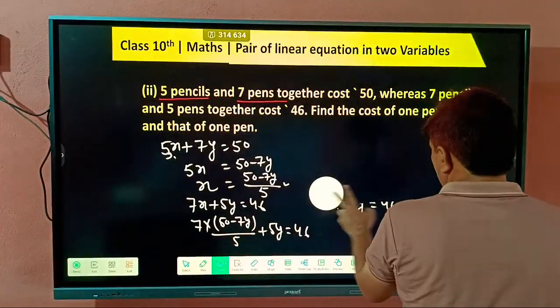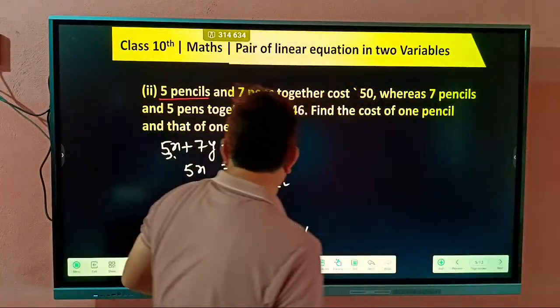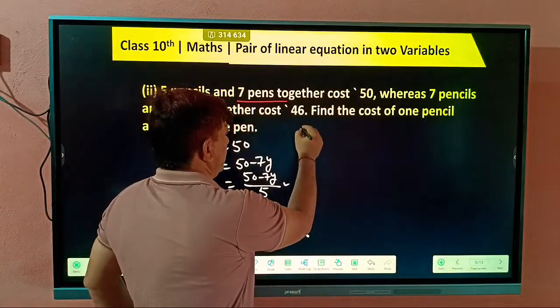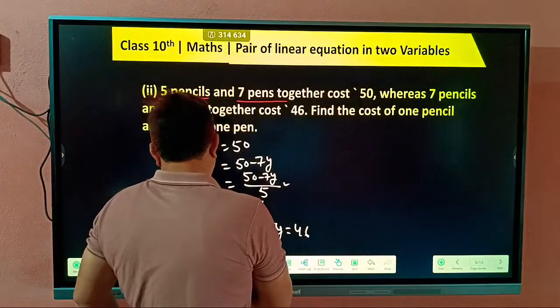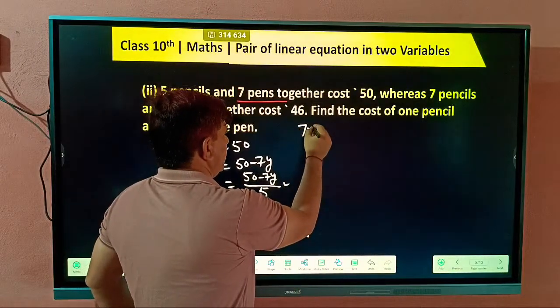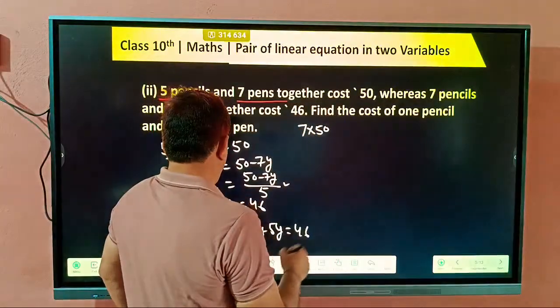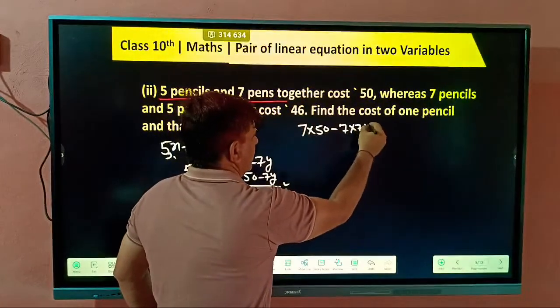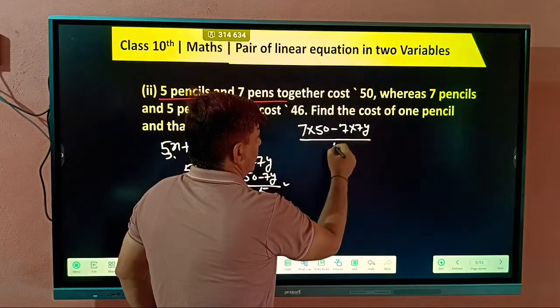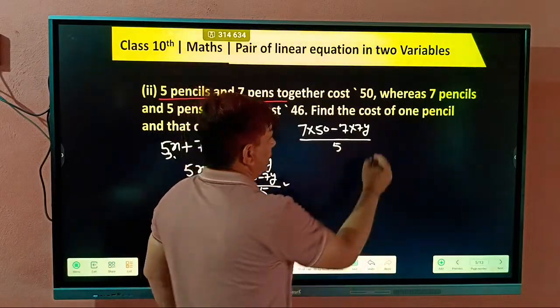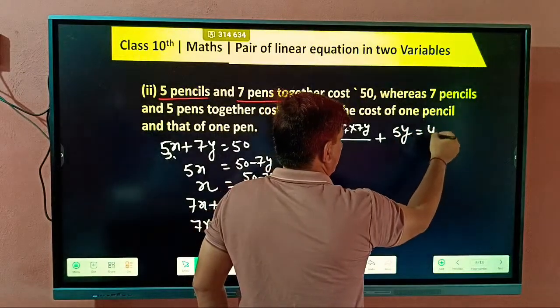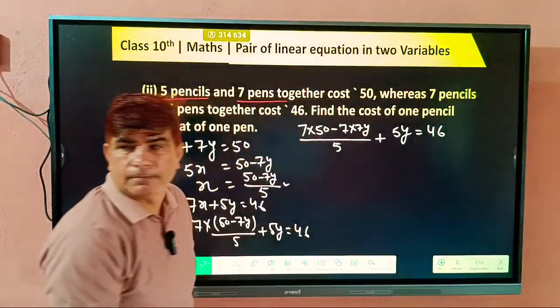Now we can write it like this: 7 into 50, minus 7 into 7Y, by 5, plus 5Y is equal to 46.